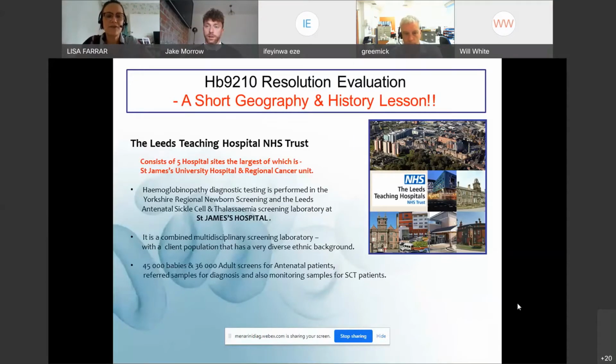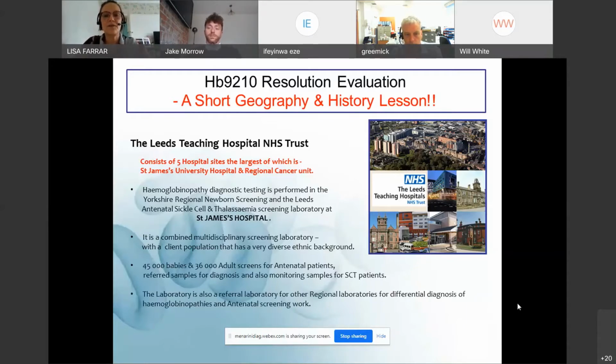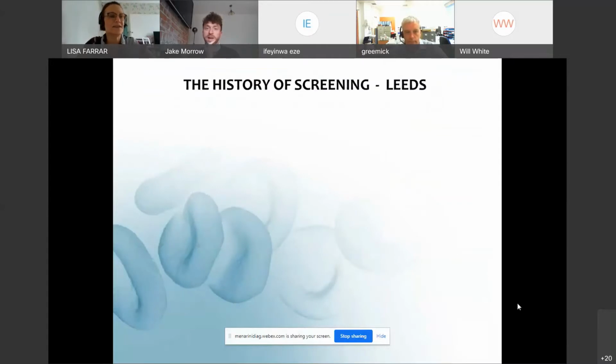We screen roughly 45,000 babies and 36,000 adult antenatal patients, referred samples for diagnostic work, or monitoring samples for sickle cell disease patients that are undergoing exchange transfusion. The laboratory is also a referral laboratory for other regional laboratories for differential diagnosis of hemoglobinopathies and thalassemia.